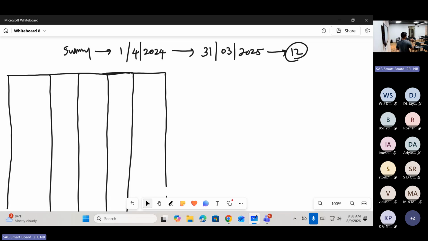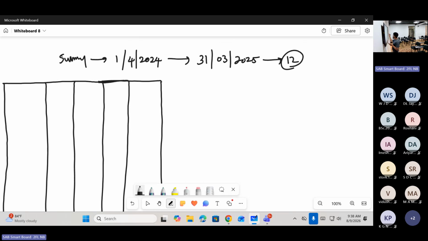Once you are doing this statement of financial position, you have two companies. How many columns do you have? Four columns, right? What are the four columns?